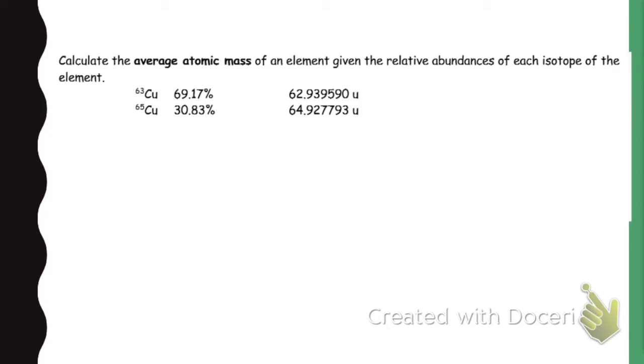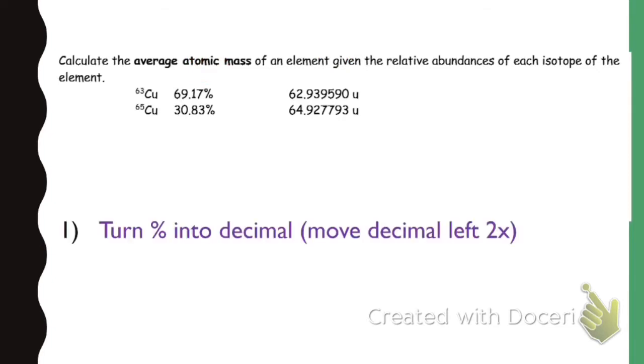So we're going to have to use the percent composition information, like what we saw in that simulation earlier, and the actual mass of a given isotope. And what we're going to do with those 2 pieces of information, first, we're going to turn the percent into a decimal by moving the decimal left 2 times. So we're just dividing by 100 here, getting it out of percent form into its decimal form.